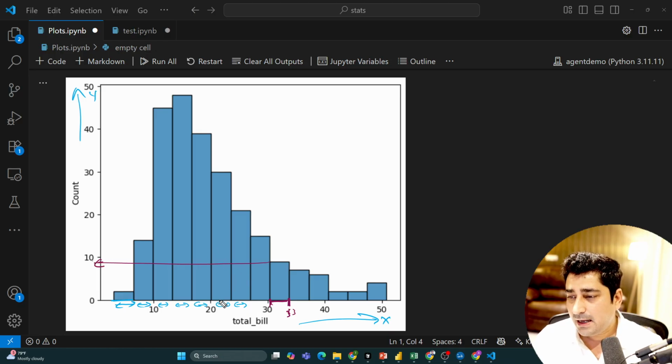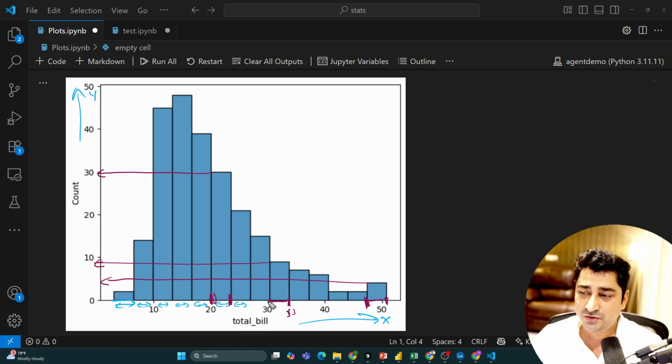How many people have paid a bill between $20 to $23? Basically these many people have paid a bill between $20 to $23. How many people have actually paid bills between approximately $47 to $50? So these many people have actually paid a bill approximately between $47 to $50.